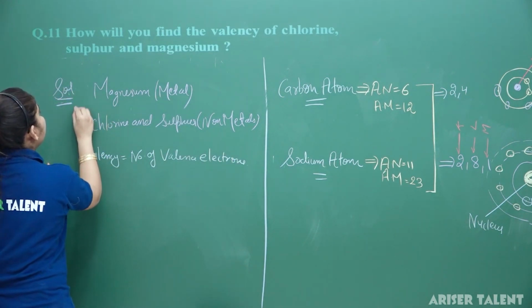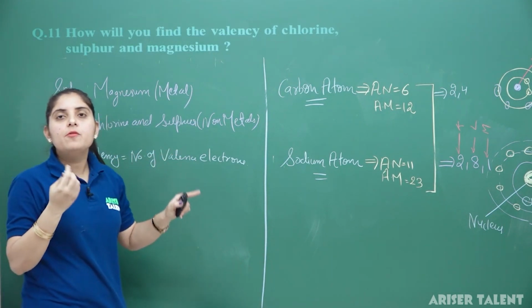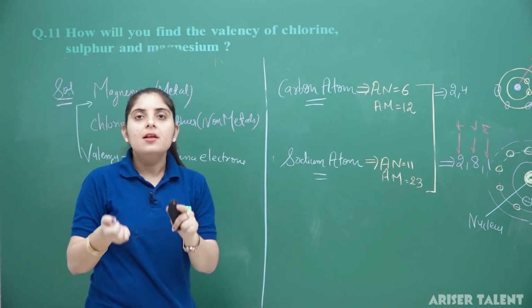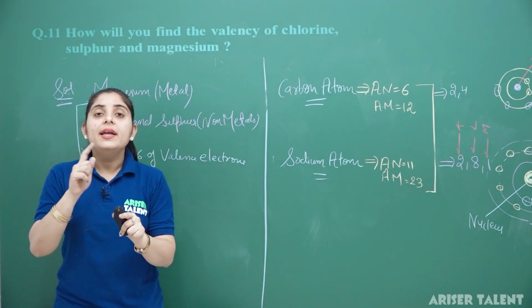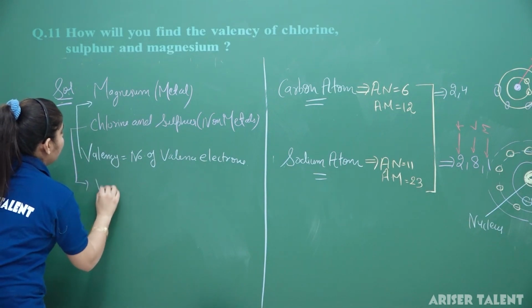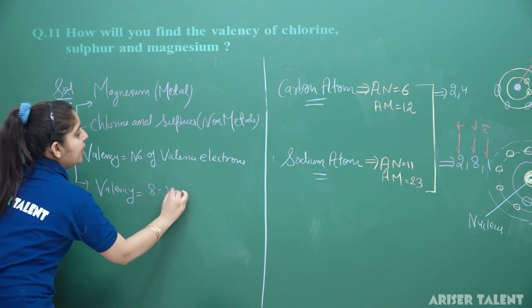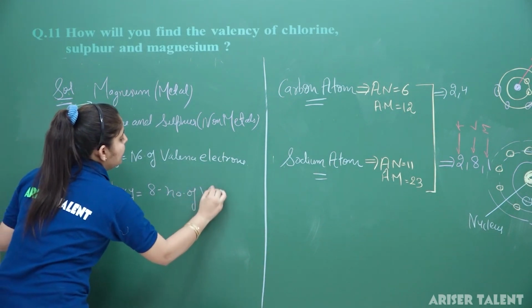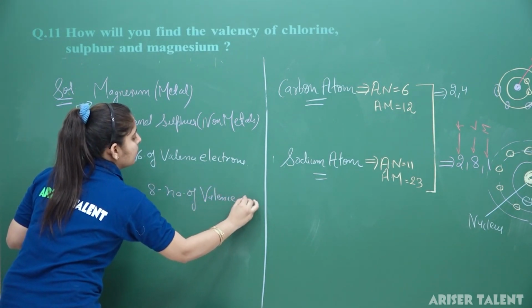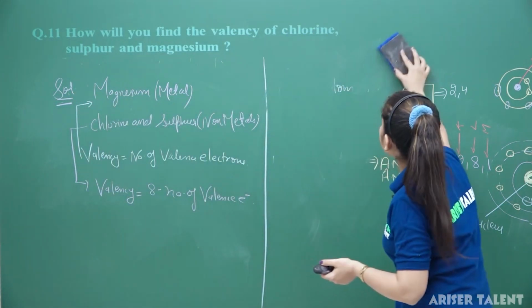If I talk about non-metals, we have a formula for calculating the valency: the valency must be equal to 8 minus the number of valence electrons. So we can conclude the valency of the above three.